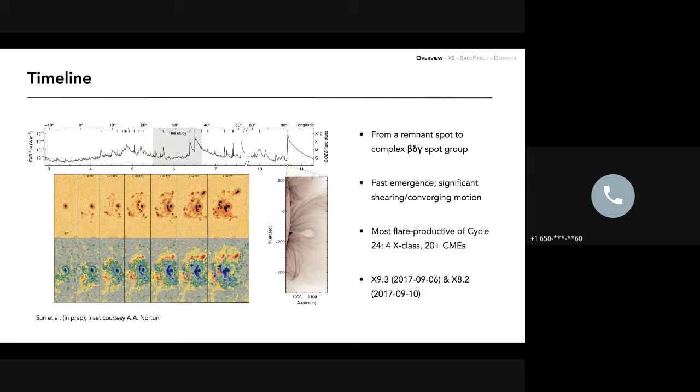You can see these two large flares on the 6th, denoted with two red short bars on the top panel. These red bars indicate X-class flares. There are a total of 4 X-class flares: two on the 6th, on the disk, and then one large one on the 10th, shown on the far right.